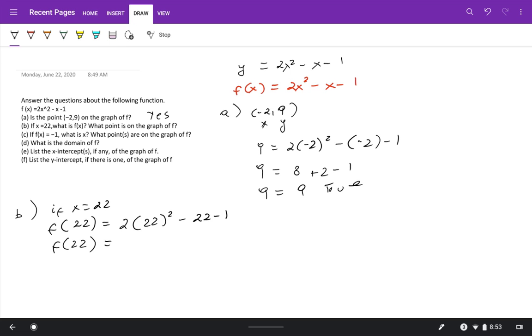So f of 22 is 2 times 22 squared, which is 484, times 2. 484 times 2, we're getting 968, minus 23. And that will give us 968 minus 23, 945. So that will be the answer.